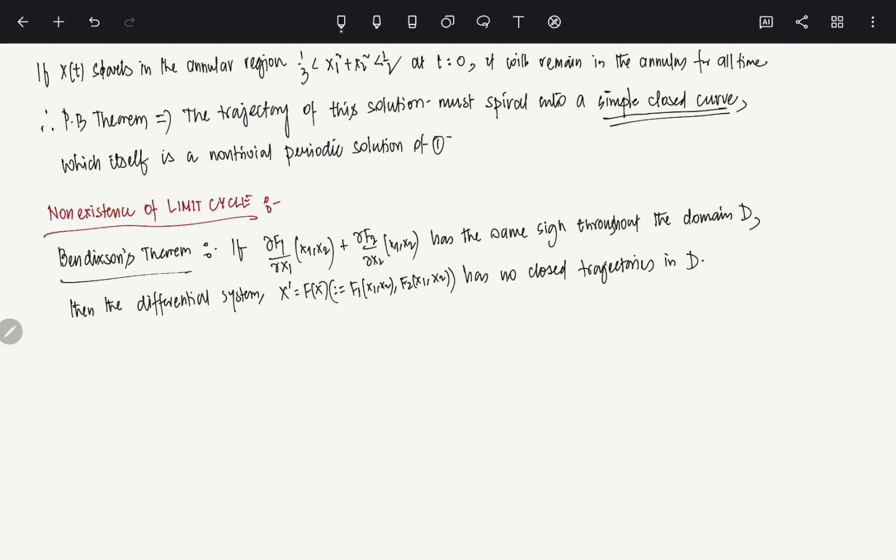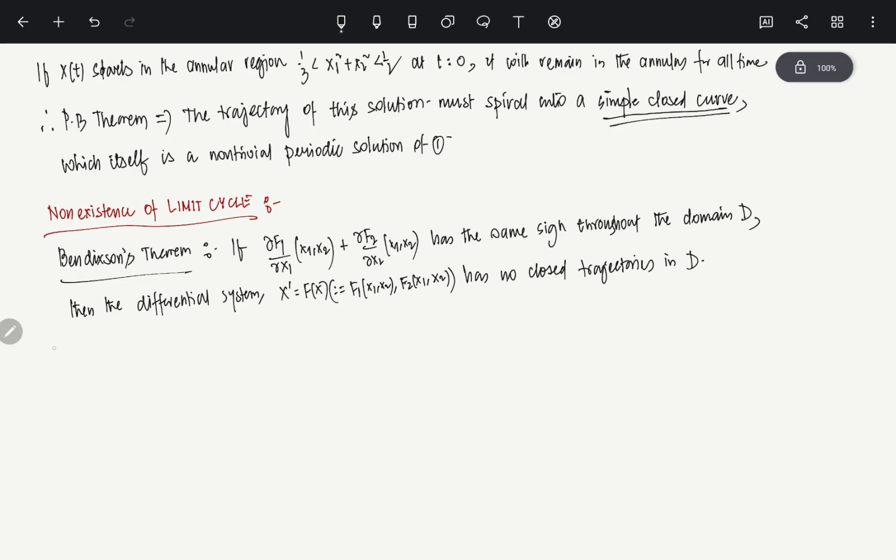You have x prime equals f of x, where f is a vector field from R2 to R2, let's say. f is basically f1 and f2, right? Now you just look at del f1 with respect to del x1 and del f2 with respect to del x2. Add those two functions up, and if they do not change sign throughout the domain D, then there is no closed trajectory.